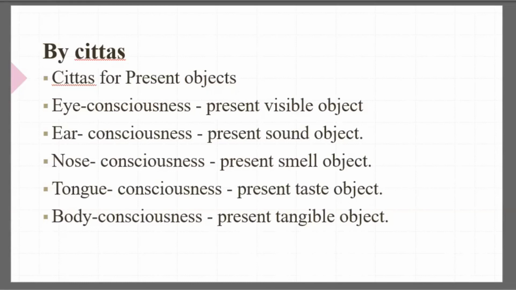Eye consciousness means the Cittas by which we see. When we are seeing, eye consciousness can take only a present visible object. I'll repeat again: eye consciousness can take only a present visible object.